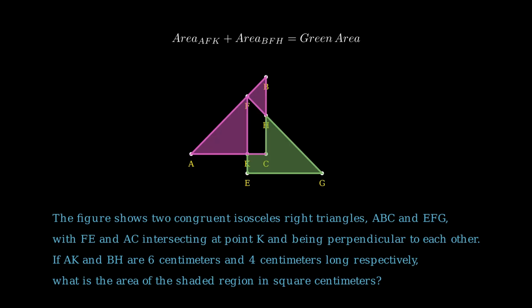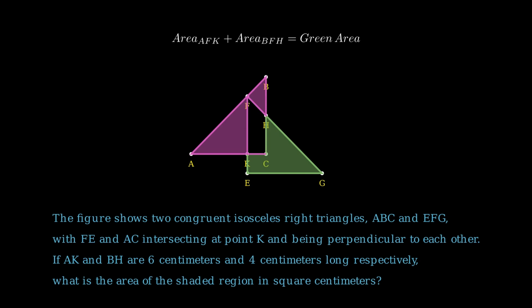That means that angle AFK must be 45 degrees. And since the two angles are equal, this triangle is an isosceles triangle, which means that line FK and AK are of the same length.